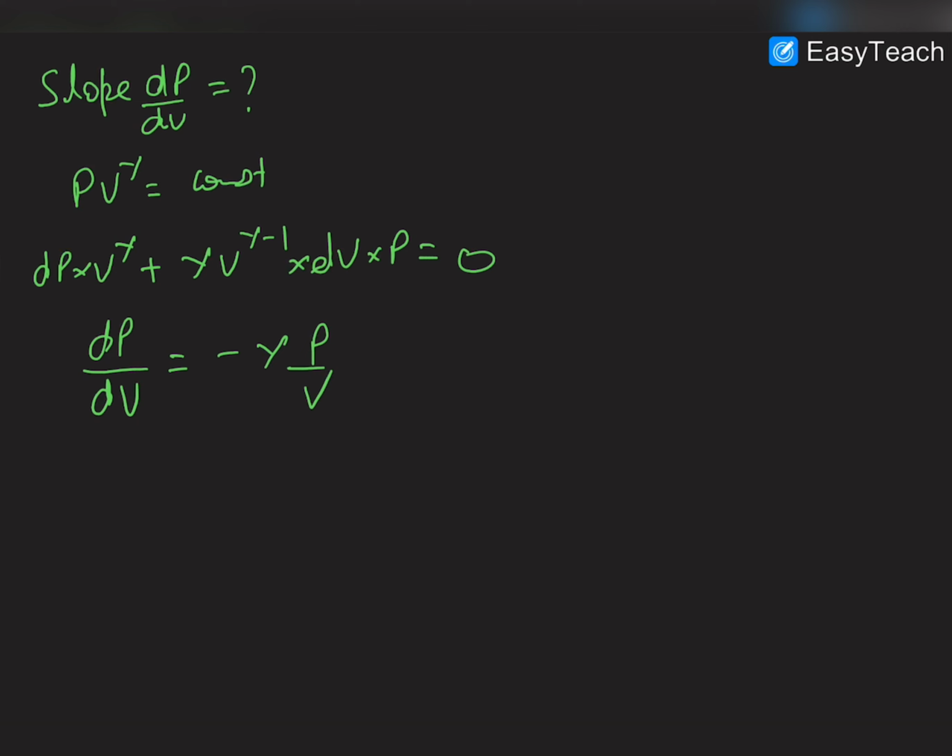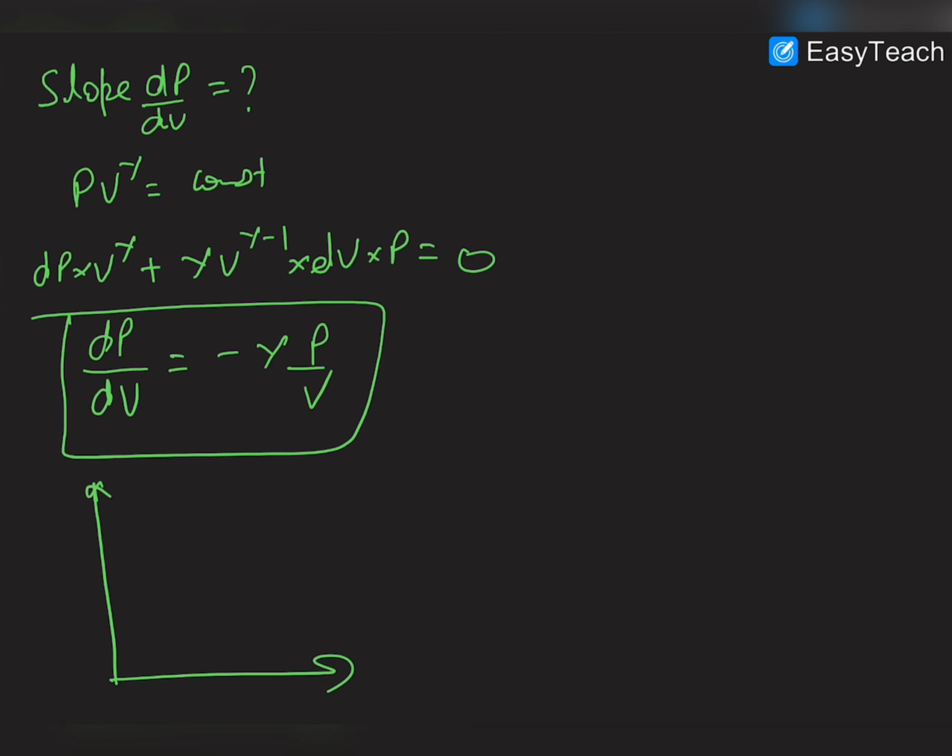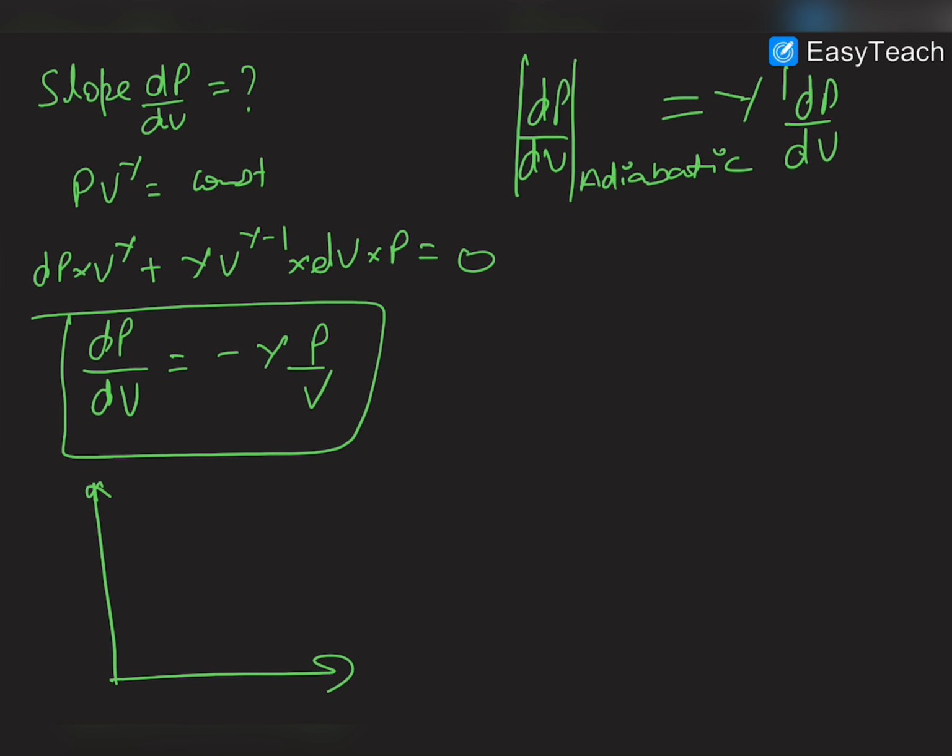So this is the slope of this adiabatic curve, and we know that the slope of isothermal curve was minus of P by V. And gamma is obviously greater than 1. So the magnitude of slope dP by dV for adiabatic process is equal to gamma times the magnitude of dP by dV for isothermal process.